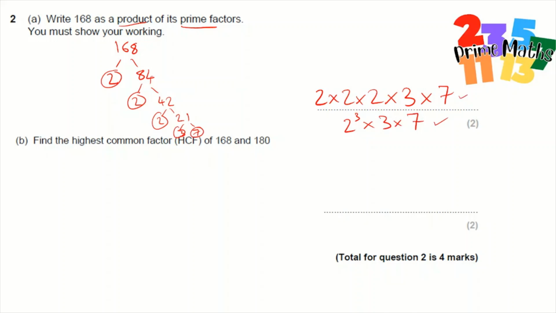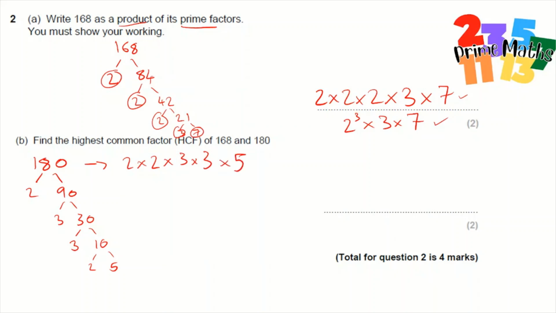The highest common factor of these, if I work out my prime factors of 180, which would be 2 times 90, 3 times 30, 3 times 10, and 2 times 5. My prime factors of 180 are 2 times 2 times 3 times 3 times 5. My highest common factor is what's in common between those two.